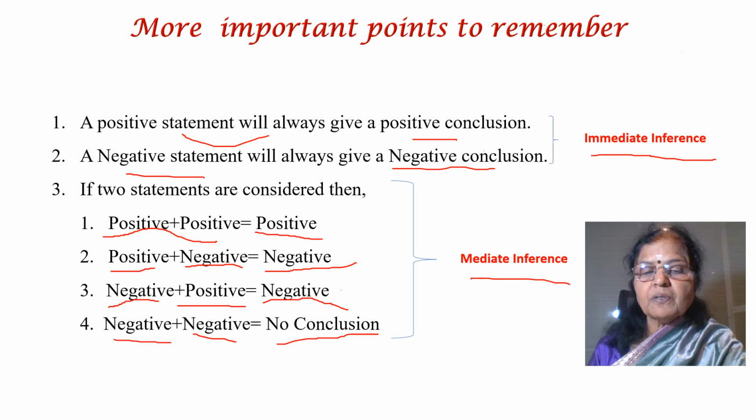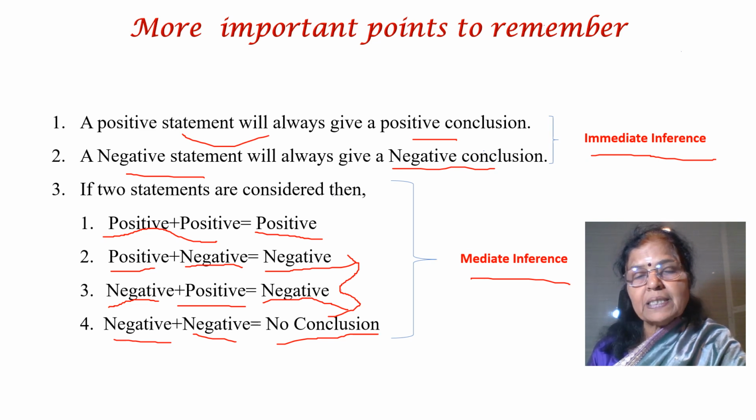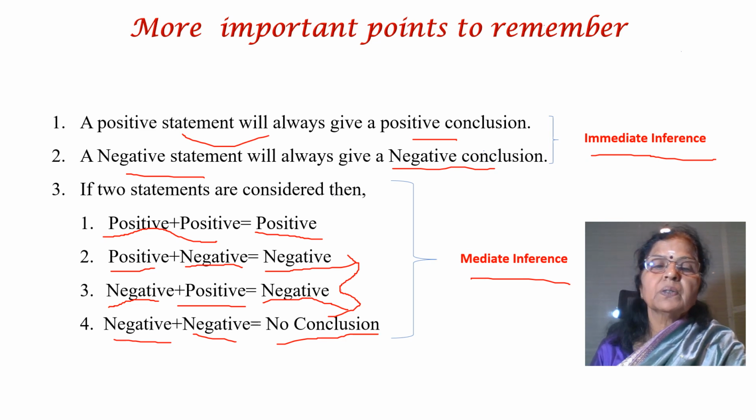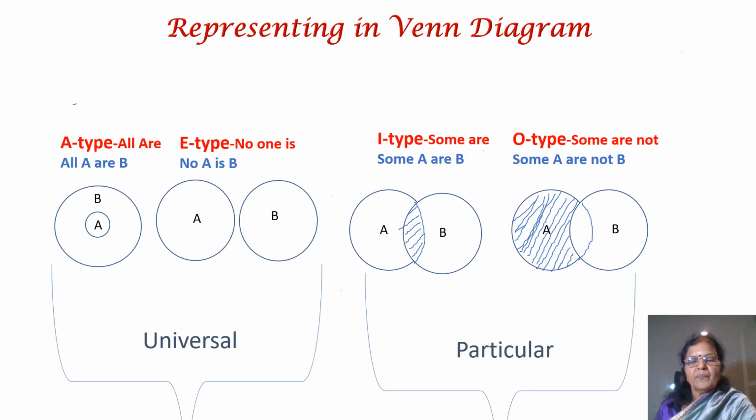If both are positive, your conclusion will be positive. One negative, one positive, then also your conclusion will be negative, in both orders, whether the first sentence or the second one is negative. Both ways you will get a negative conclusion. And if both the statements are negative, there is no conclusion at all. You cannot come to a conclusion. So just remember this.